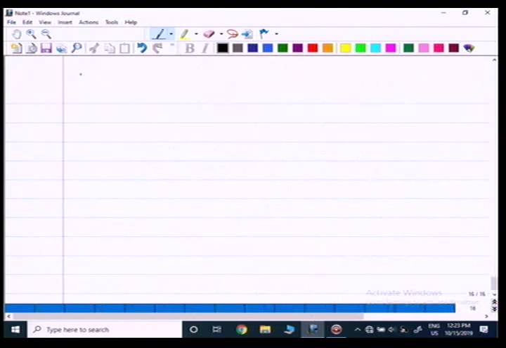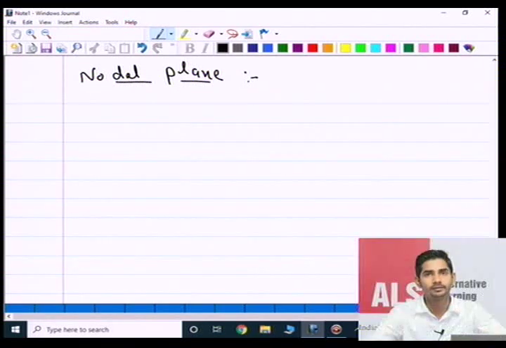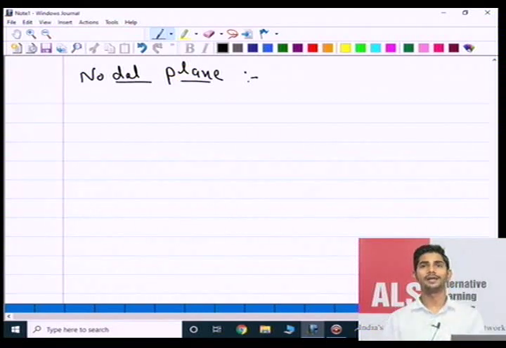Guys, there is one more point, which is known as the nodal plane. I hope you know about the plane. Plane means XY plane, YZ plane, XZ plane. When we talk about the axis, we have the X, Y and Z axis.